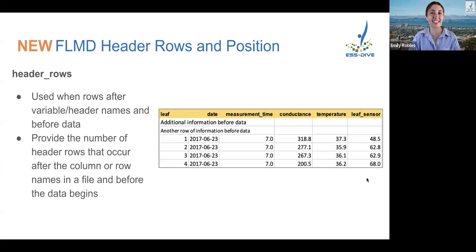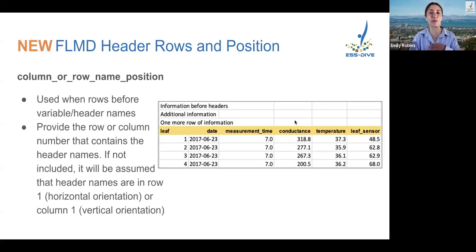But we quickly realized that there are use cases in which those header rows may be above the actual variable names and not in between the variable names and when the data begins. To address that, there is a follow-up optional field, which is column or row name position, to be used when these rows or columns, if your data is oriented that way, occur before the variable names.